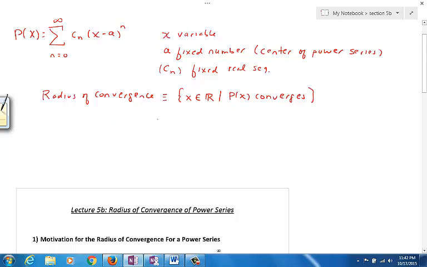So generally this is going to be a symmetric interval. This is generally an open interval about A. So we could think of this as A minus R to A plus R. Okay, the endpoints may or may not be included. In other words, this power series may or may not converge at the endpoints. We're going to have to test those differently.